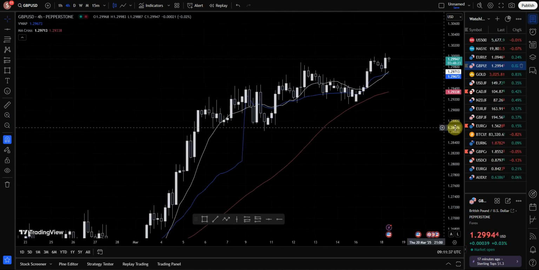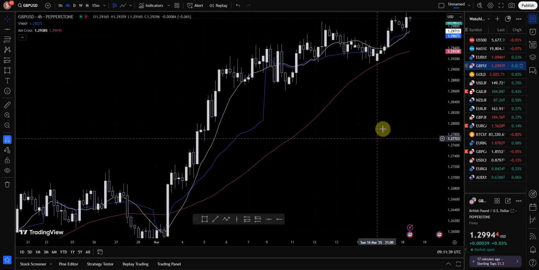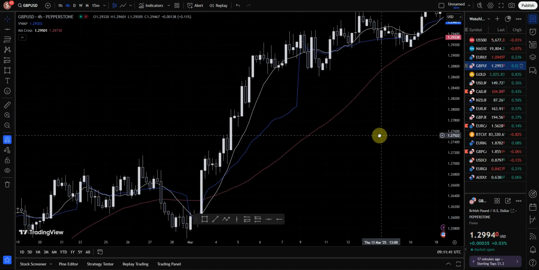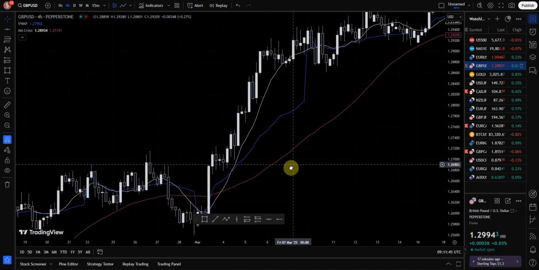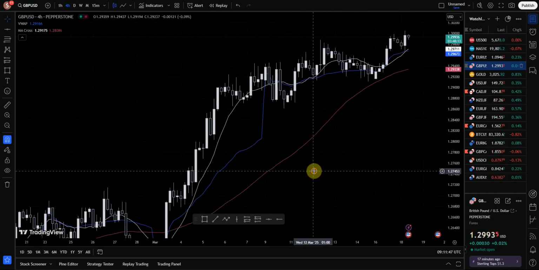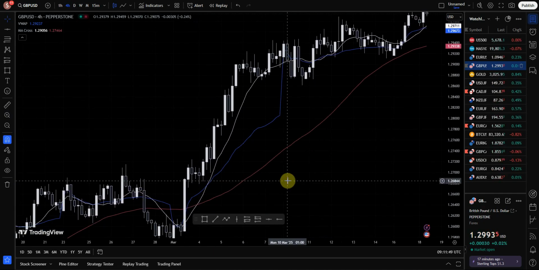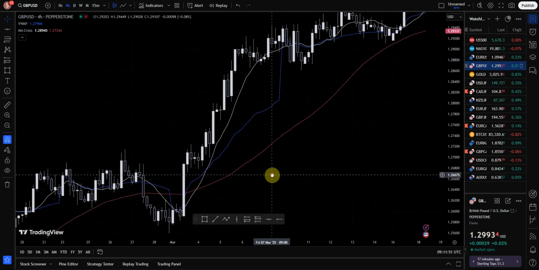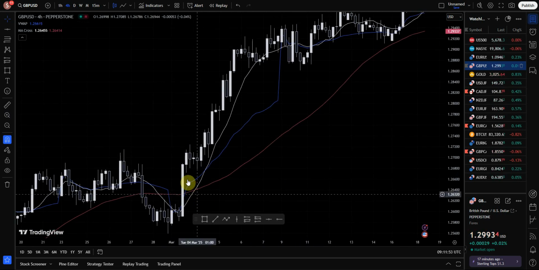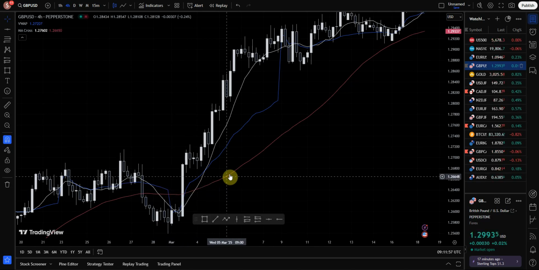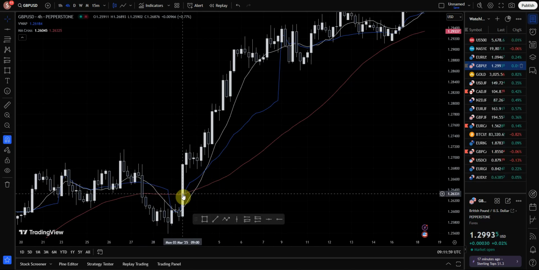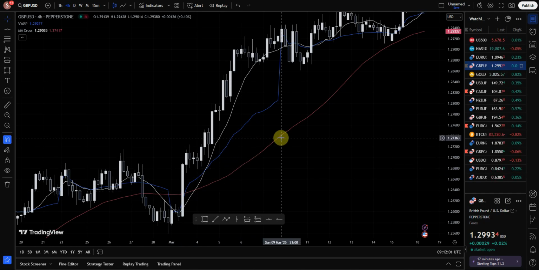So the way the strategy works, for you to take a buy setup, the first things you should consider, apart from your support and resistance, is number one, is price above the 50 moving average. If you want to take a buy setup, the first thing you should consider is price above the 50 moving average.